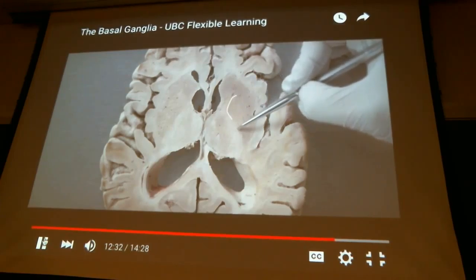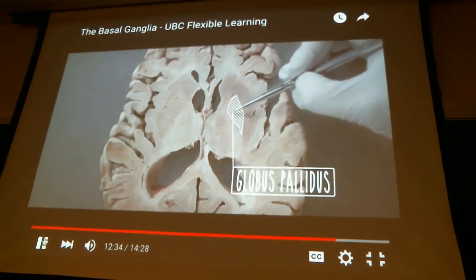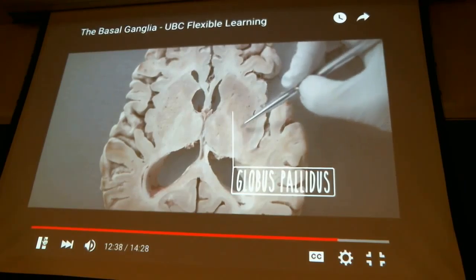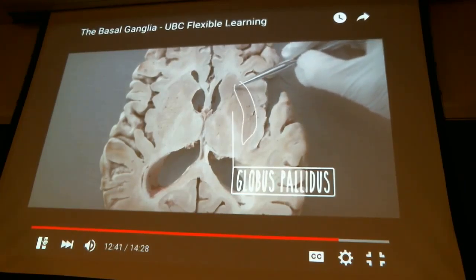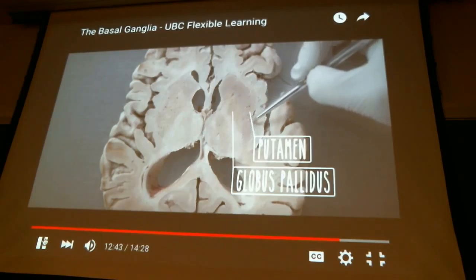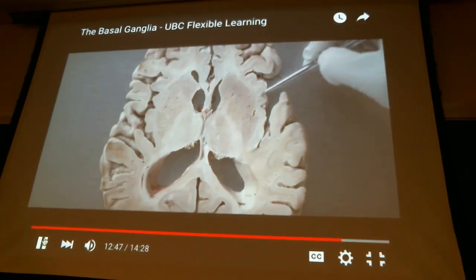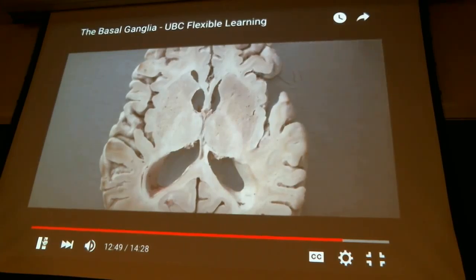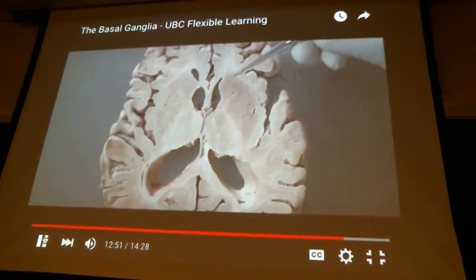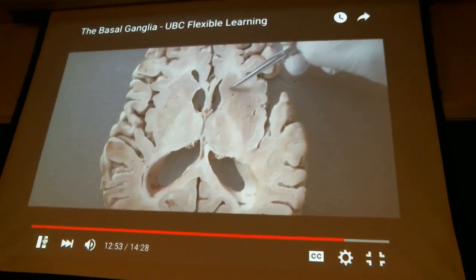This here is the globus pallidus with its internal and external parts. And this here is the putamen. Lateral to the putamen is the cortex of the insula. Now what's really interesting on this section is you can see that the head of the caudate and the putamen are fused here.